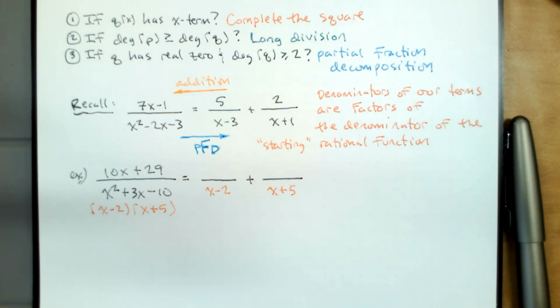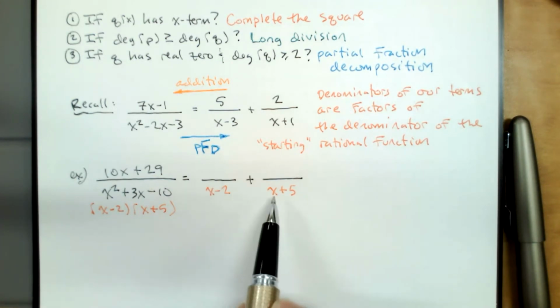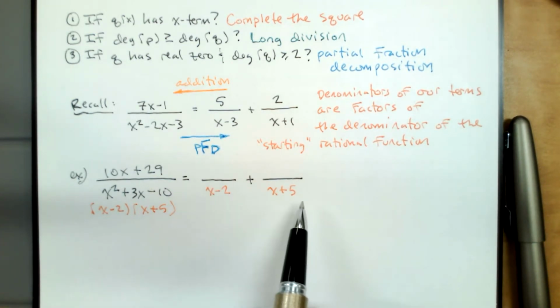We have a big advantage here. We know that the numerators of these fractions must be constants. At the most, they're just constants. The degree of the numerators of the terms in the sum can't suddenly become greater than the degree in the denominator. If I put an x up here, that's going to produce an x squared when I multiply by the x plus 5.